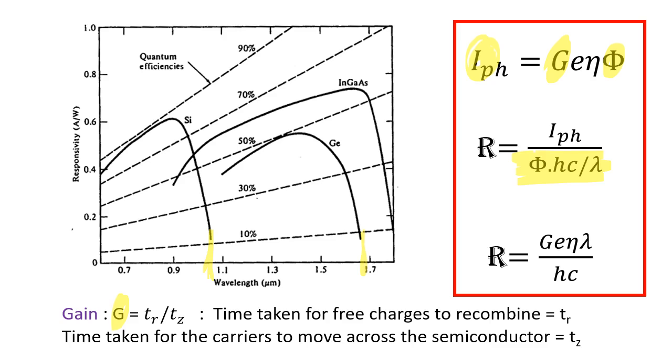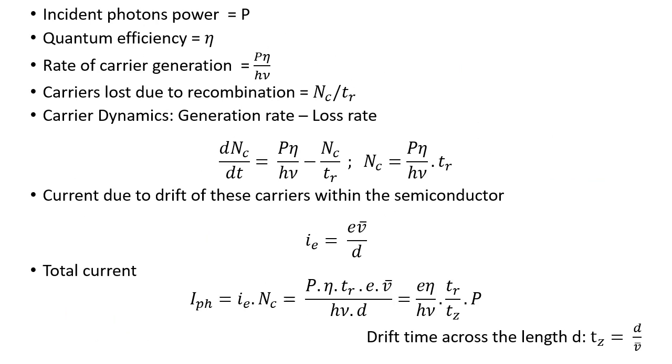So we will come to that a little bit in detail, but the ratio between these two essentially gives you the gain in the system, right? So let's see how that comes along. Again, I come in with the incident photon power represented by P, right? Then I have a quantum efficiency, which is eta, and that efficiency tells me intrinsically what is the percentage chance that for every input photon I'm going to generate a charge, right?